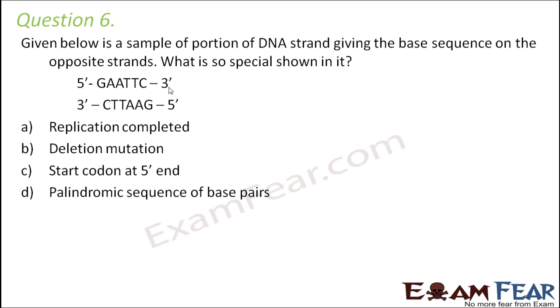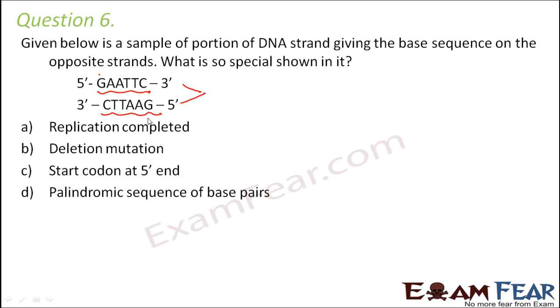You see 5', 3', and this is 3', 5', which shows that these two strands are complementary to each other. If you look at the sequence here and the sequence here, that also clearly shows that it is complementary. Now if you closely observe the sequence, if you read it from the right side, it's GAATTC.